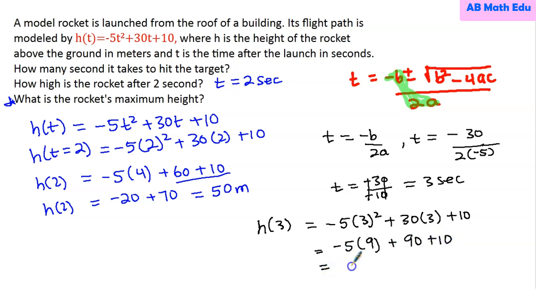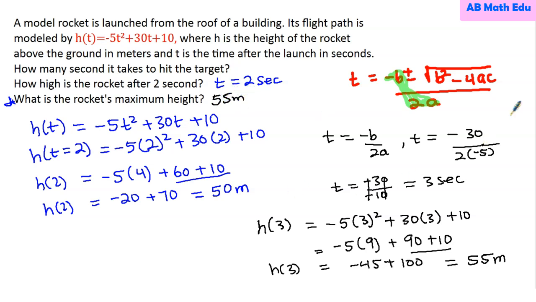Here will give us -45 plus 100. And when we do a deduction, we will get 55 meters. So at 3 seconds, the height the rocket will be at is 55 meters. That was the maximum height.